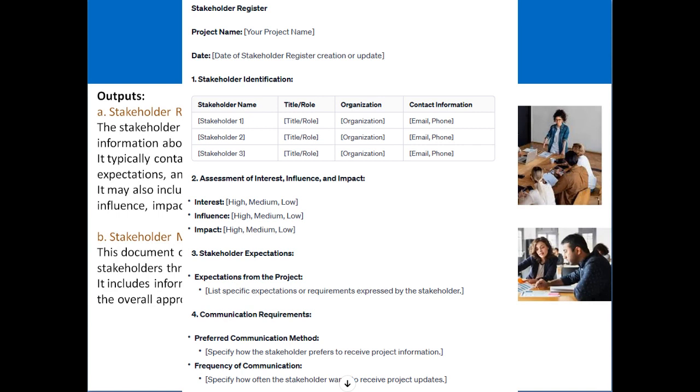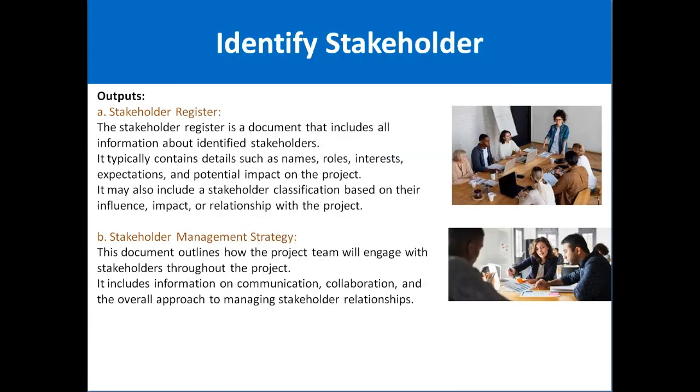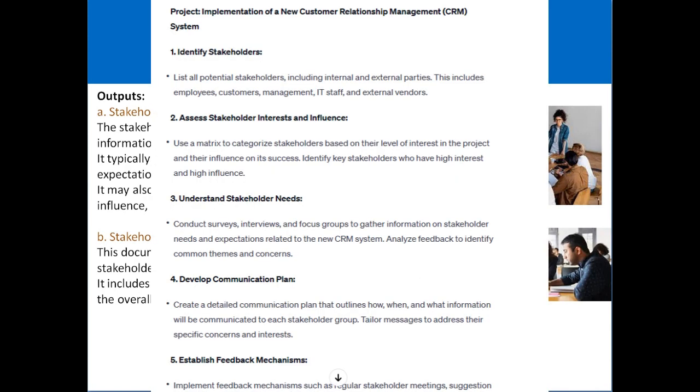You can think of this as an Excel sheet in which all this particular information related to stakeholders is mentioned. Then the stakeholder management strategy. This document outlines how the project team will engage with stakeholders throughout the project. It includes information on communication, collaboration, and the overall approach to managing stakeholder relationships.